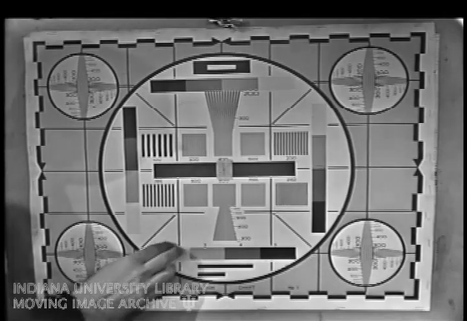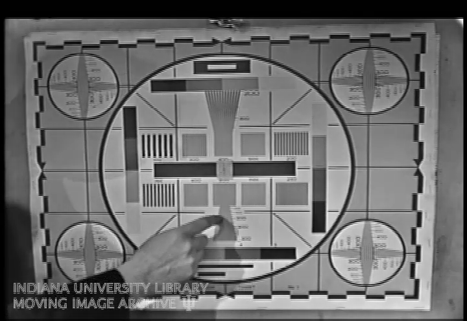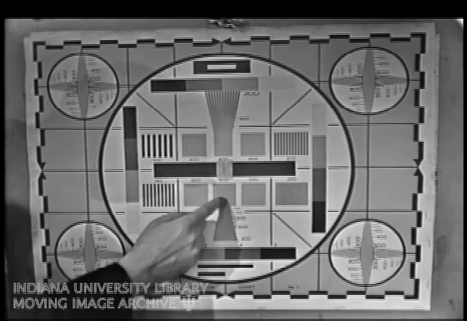These vertical lines, which I will point to here, represent the definition. If you can see and discern these black lines up here, and you can see up to 500 lines, this is what is commonly called the definition of the camera is 500 lines.